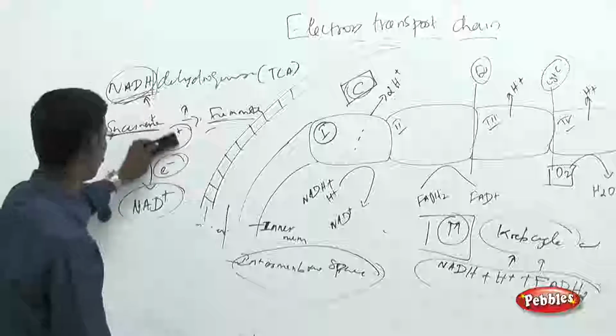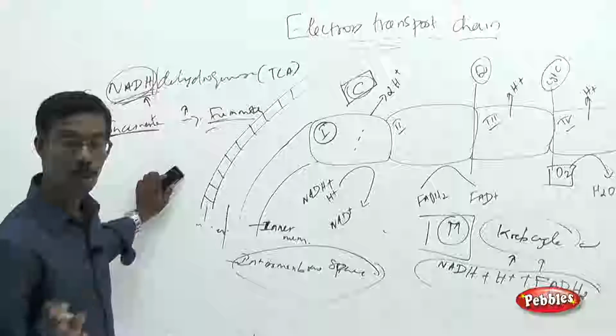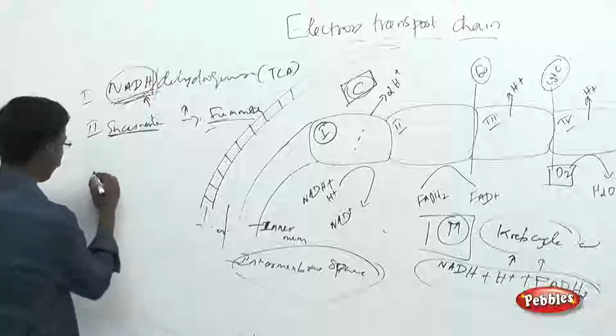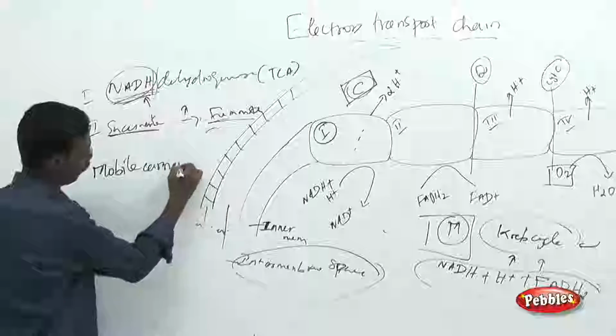Just remember one thing: apart from these 4 or 5 complexes, there are 2 other carriers, which we call mobile carriers of electrons.